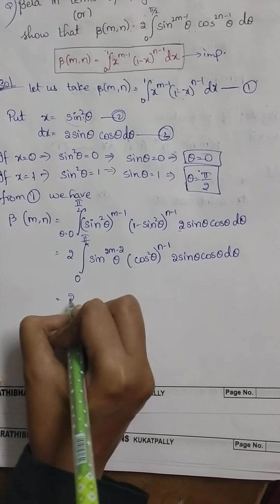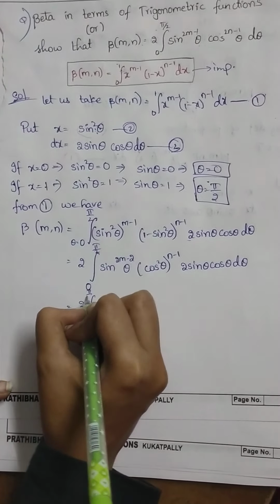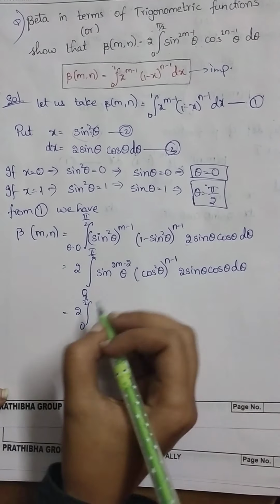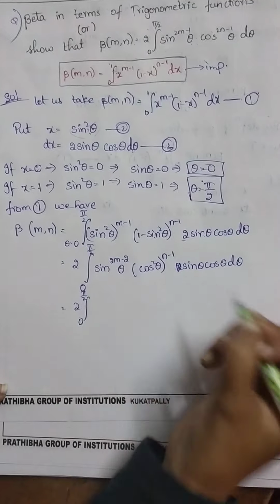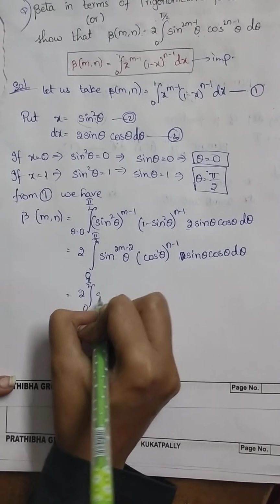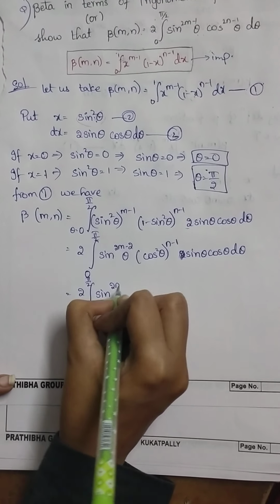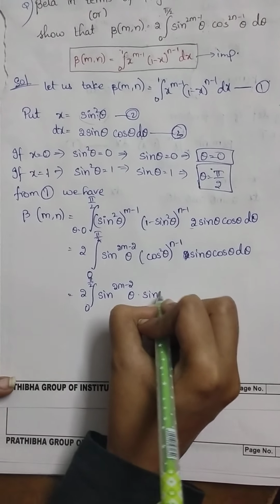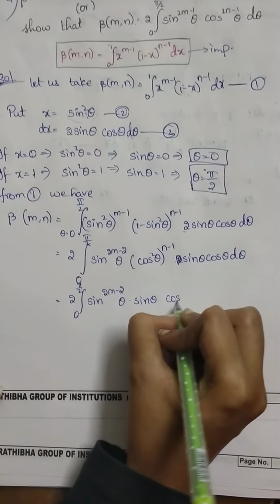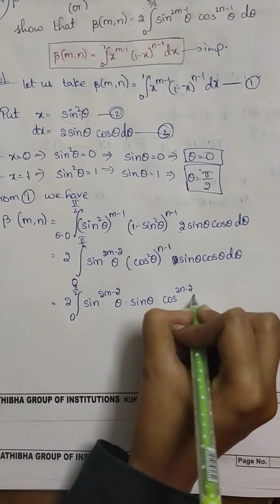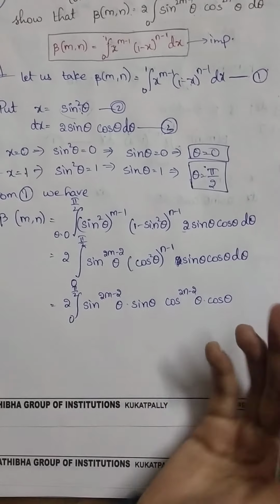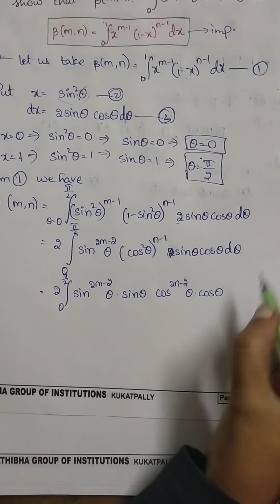Now let us solve this. Since we took 2 as common, here we won't have a 2. Sin power 2m minus 2 theta into sin theta, cos power 2n minus 2 theta into cos theta. Here we took this separately so that we can get it easily.